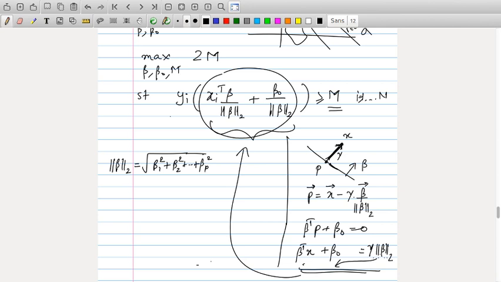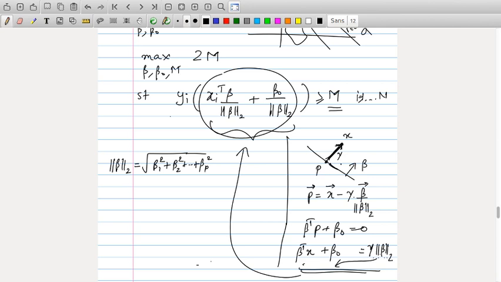So basically, I don't know if you've done vector calculus, but you're just trying to find the relation between the point on the plane and the point away from the plane. The point away from the plane is little x, and the point on the plane is this point p.